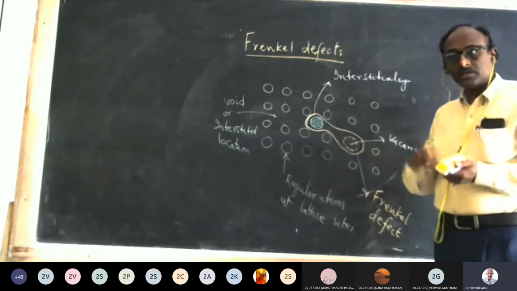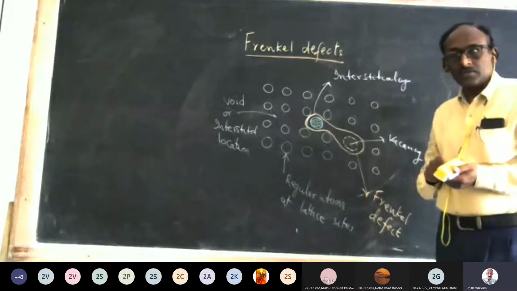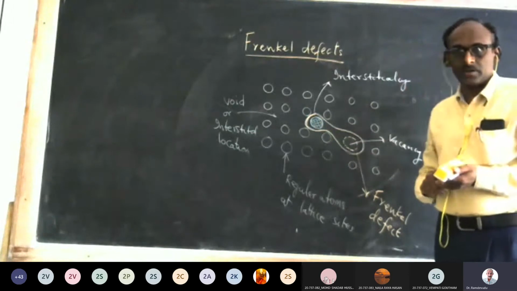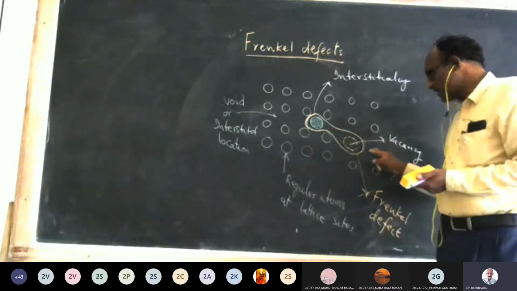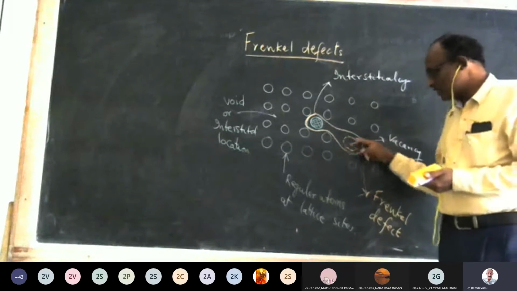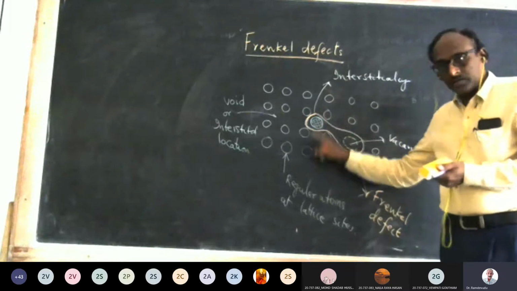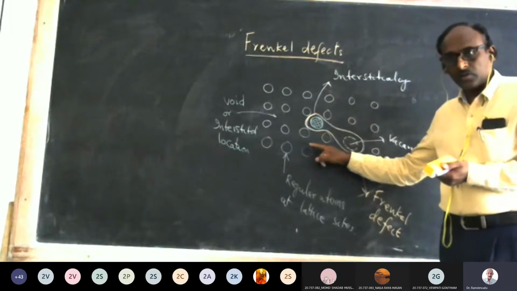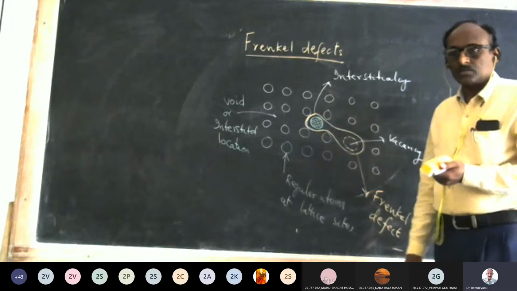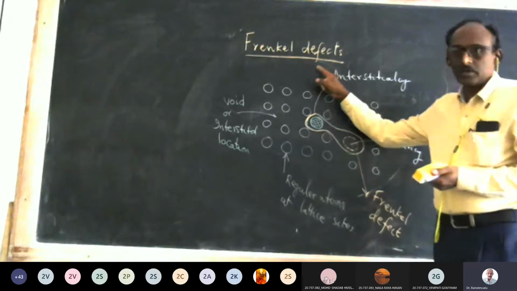And as you said, they are disappearing in Schottky defects. There is a charge neutrality problem there. But here there is no charge neutrality problem. Even if the ion is moving from here to here, the ion is here only. Therefore, we don't face any charge neutrality problems in Frankel defects.